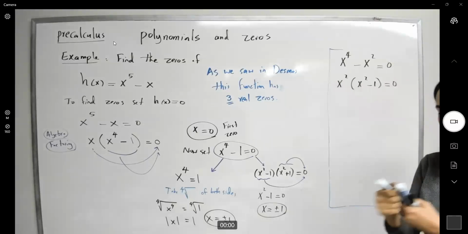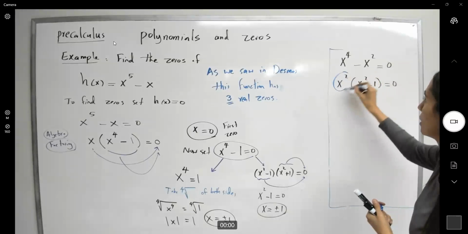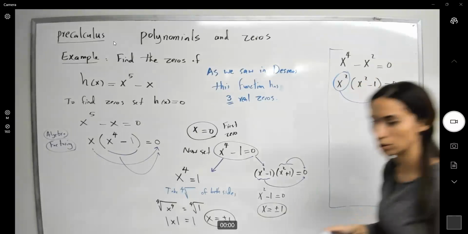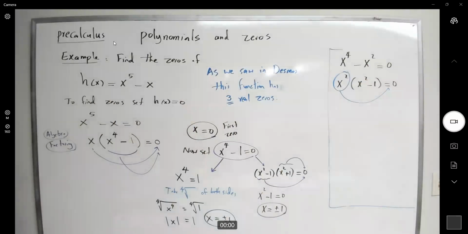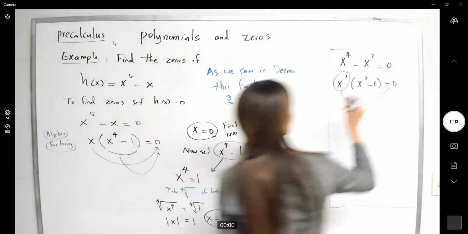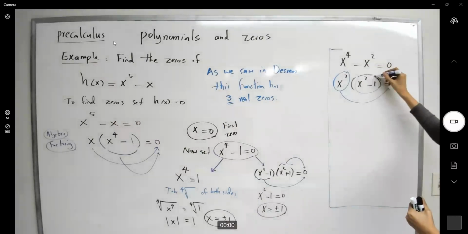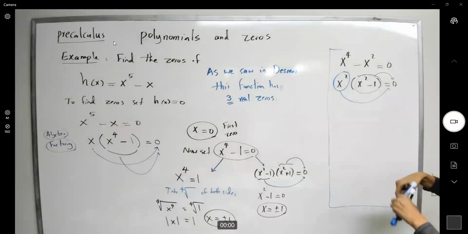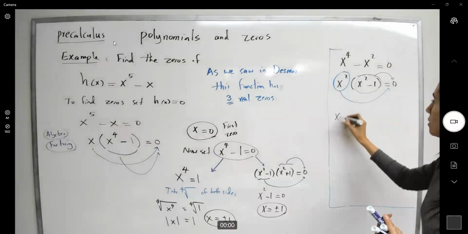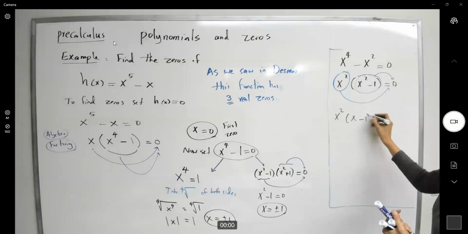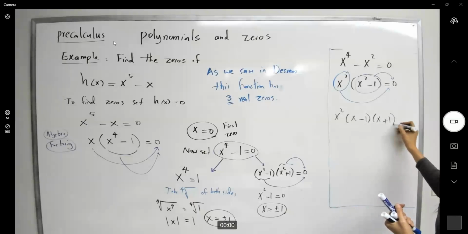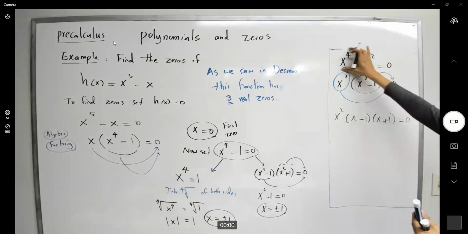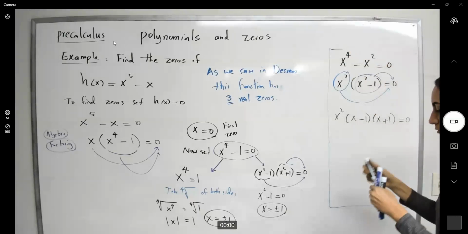So here we have two options. The first option is to set x squared equal to 0, and the second option is to set x squared minus 1 equal to 0 and solve for each of them. You can write it in factored form as x squared times x minus 1 times x plus 1 equal to 0. So this is called the factored form of this equation.